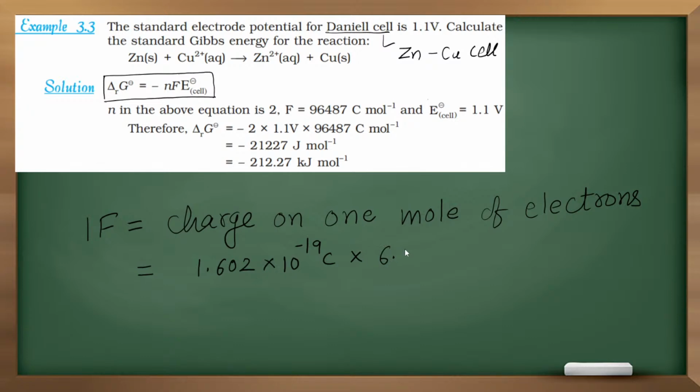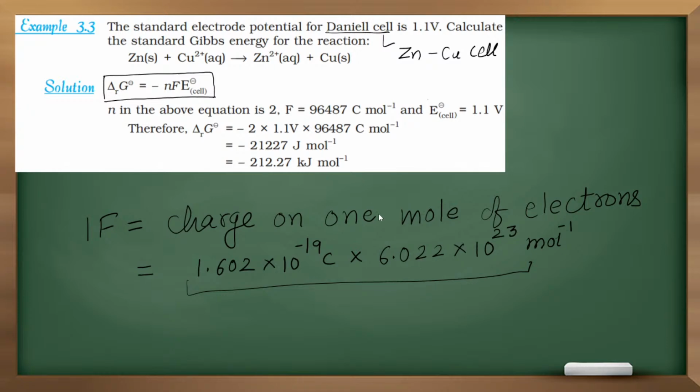On 1 mole it is 6.022 into 10 raised to power 23 electrons per mole. When we multiply, the value comes out to be nearly 96487 coulomb per mole. E naught cell is also given, just multiply.